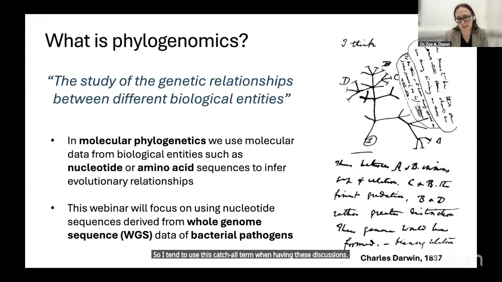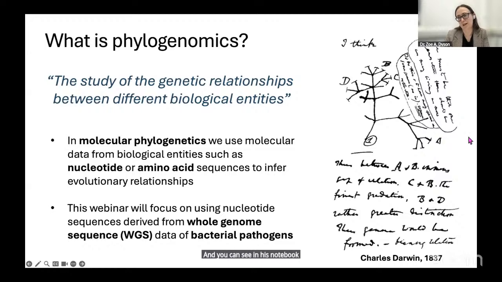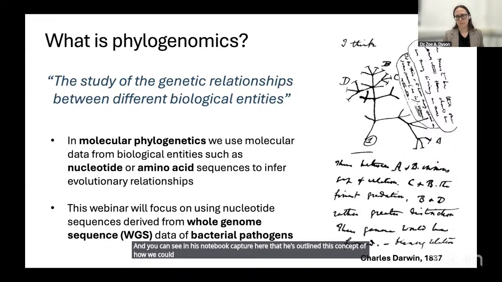And this idea of phylogenomics isn't a particularly new idea. It was first proposed by Charles Darwin in around 1837. And you can see in his notebook capture here that he's outlined this concept of how we could consider describing particular biological entities and how they might be related to one another.